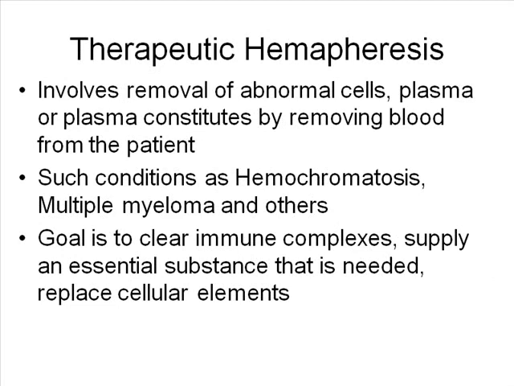Now, therapeutic hemopheresis is done to take out certain proteins that might be in that patient's blood to try to reduce whatever's there, such as in multiple myeloma, where you have huge amounts of antibody that may be interfering with a lot of biological processes. You're only going to do this if you think the patient might get better.